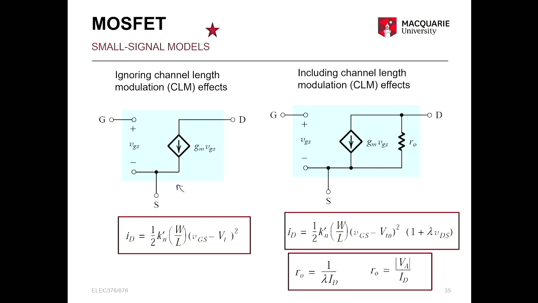Once you consider the early voltage, you have an extra resistance at the output, R0, which is equal to VA divided by ID. Okay, any question on that?